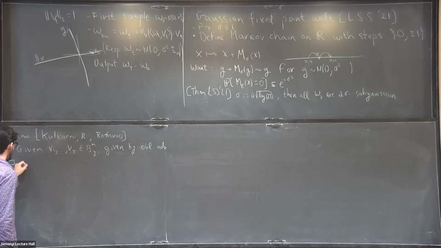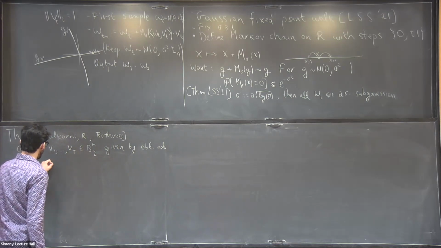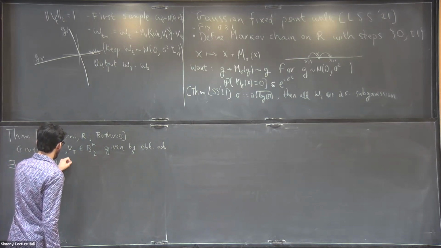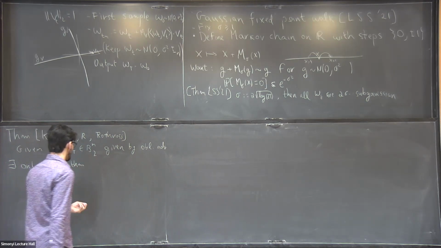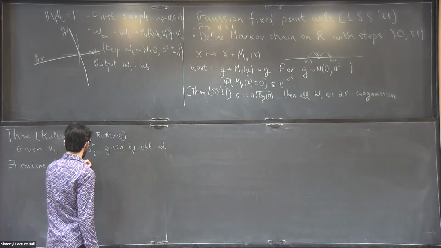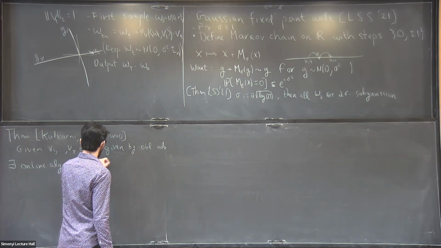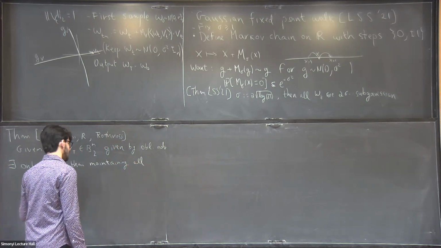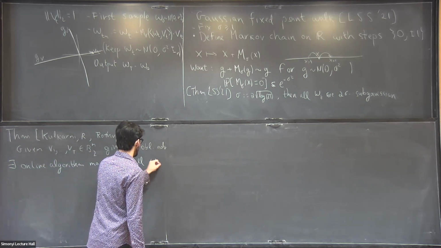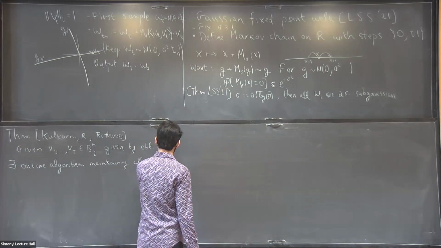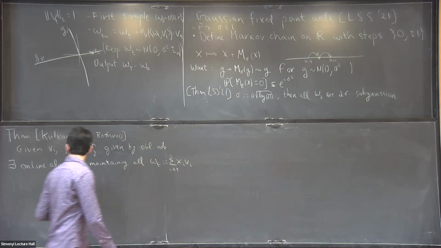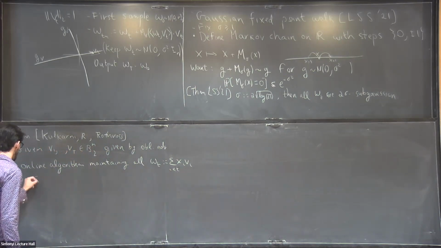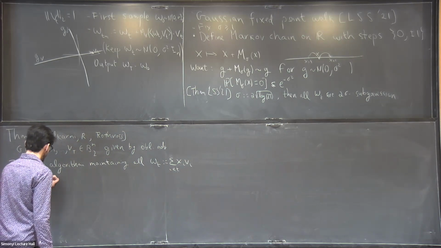And the claim is that there exists an online algorithm maintaining all prefix sums, so these W_t, constant sub-Gaussian.